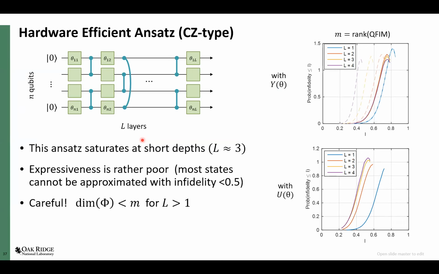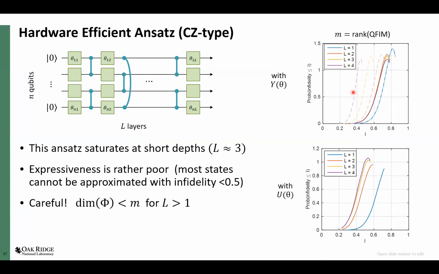Yeah. So how I calculated it. The curves with the dashed line use this very simple heuristic formula that I showed, where if you know the dimension of your Hilbert space and the dimension of the manifold, that tells you at what value of infidelity this fuzzy volume equals the true volume.